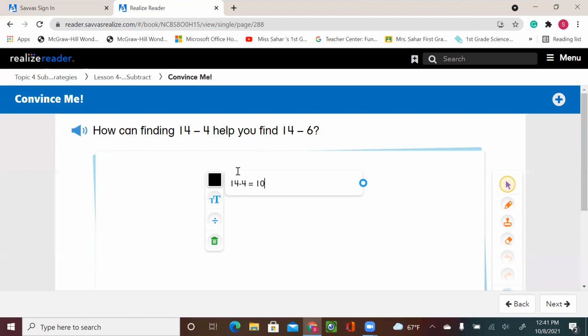So if I subtract 2 more, I will find out 14 take away 6. And why 2 more? Because 4 plus 2 equals 6. So if I take away 2 more, and we decided why 2 more, because we know that 4 plus 2 equals 6, to find my 14 take away 6.